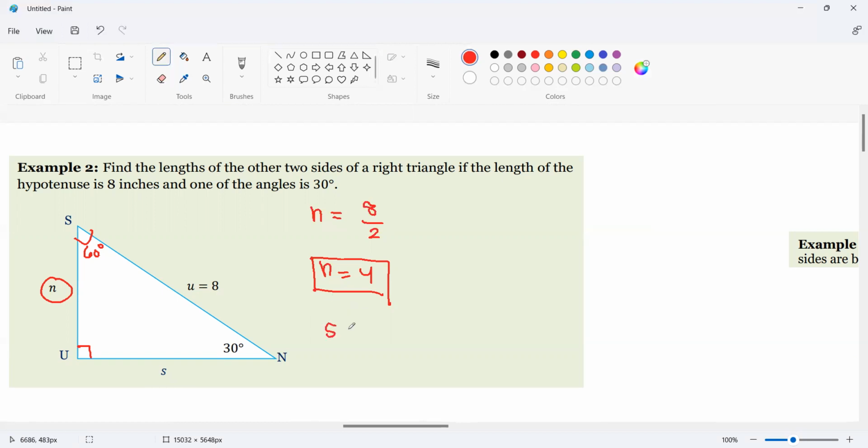So to get S is equal to N times square root of 3. So S is equal to 4 square root of 3. That's it. We're done with example number 2.